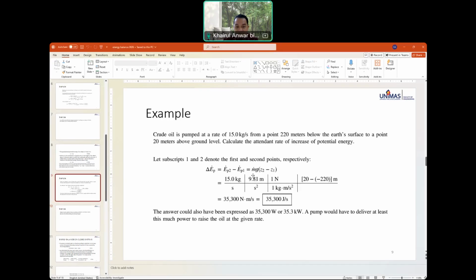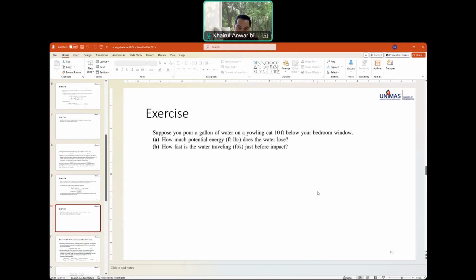So MG, G in equals to the unit conversion from gallon to pound, then this Z. So in this case Z2 minus Z1, Z2 is the cat down below.